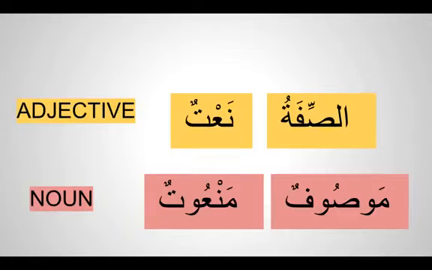Sifa means quality, and mawsoof means the one which has the quality. In our class, inshallah, we'll be using the terms naat and man'ud. We can use both, but we'll stick to one for ease.